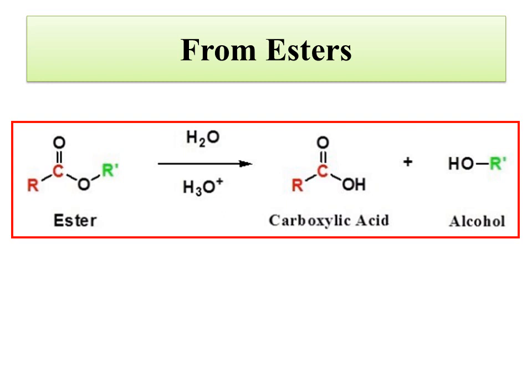Next method of preparation is from ester. The acidic hydrolysis of ester leads to the formation of carboxylic acid. This reaction is carried out in the presence of acid or alkali.